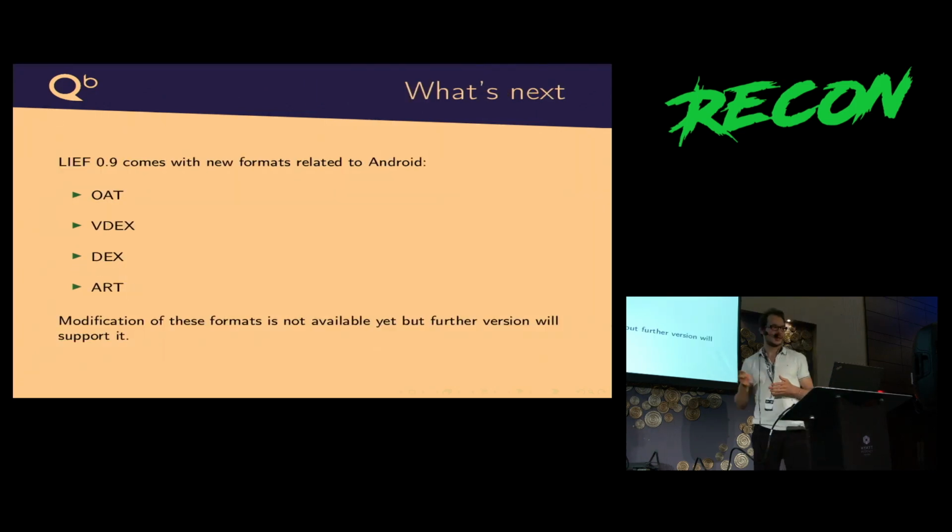So we released LIEF version 0.9 a few days ago. It also comes with new formats related to Android, but it's only read-only on these formats. We plan to add some API to do modifications on them.